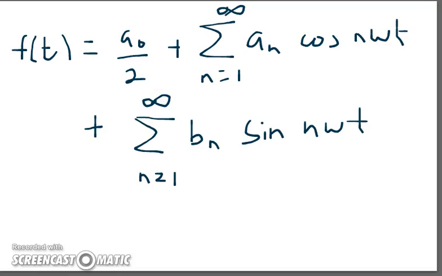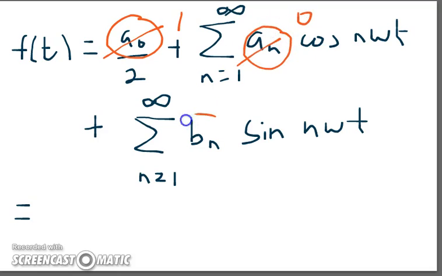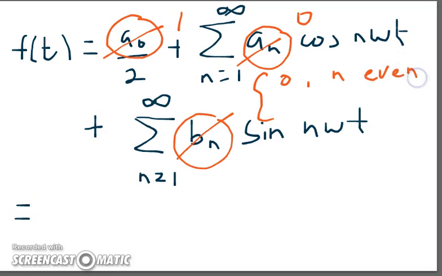Then we can now write that we know that A naught is 1 and An is 0, while Bn is given by two conditions where it is 0 when n is even and it is 2 over n pi when n is odd.